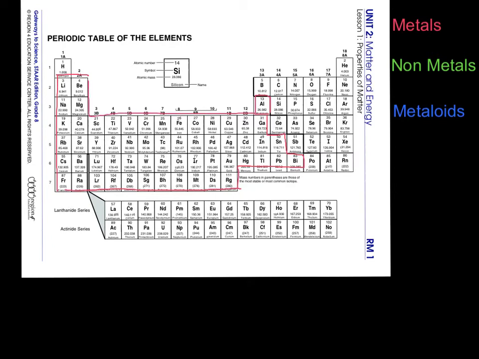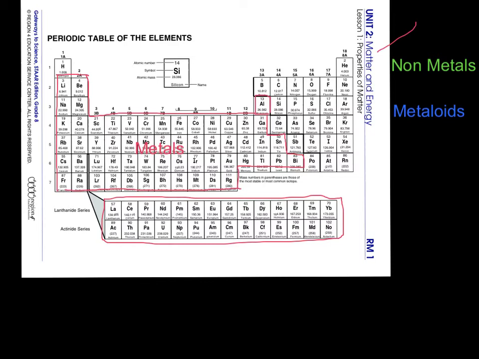Come back around. Notice that hydrogen is not in that group. Hydrogen is a gas and it's a non-metal. So all of these elements are metals. And then they also include, down at the bottom, the lanthanide and the actinide series. So all of those are metals.